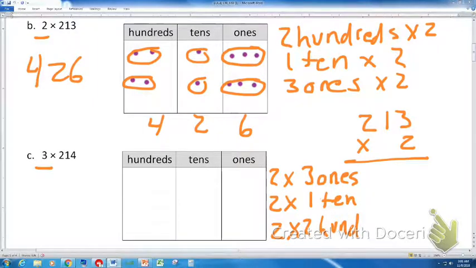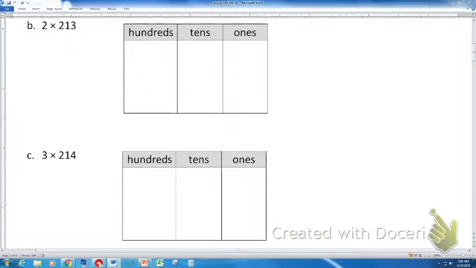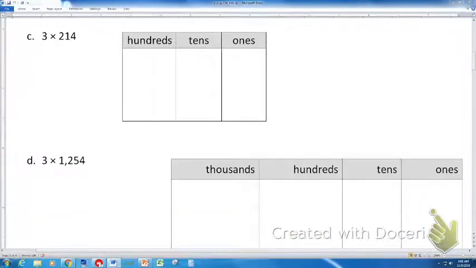Now, 2 times 3 ones equals 6. 2 times 1 ten is 2 tens, which equals 20. And 2 times 200 is 4 hundreds, which is 400. We add up these numbers, you get 426. Do we have the same answer from our place value chart and doing it vertically? Yes, we do.